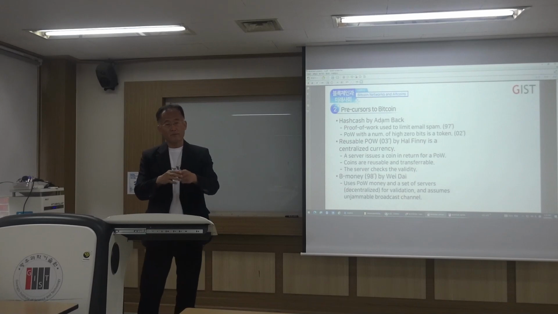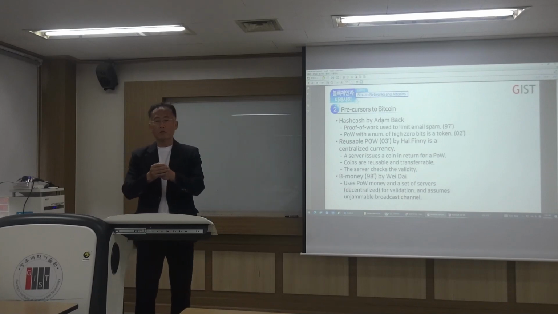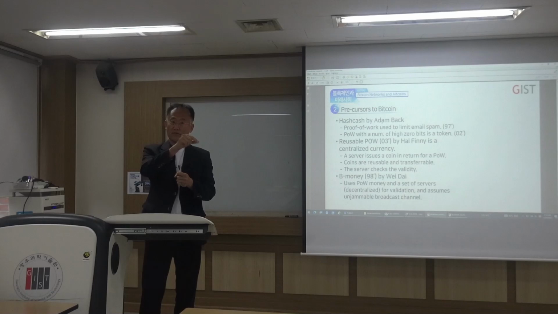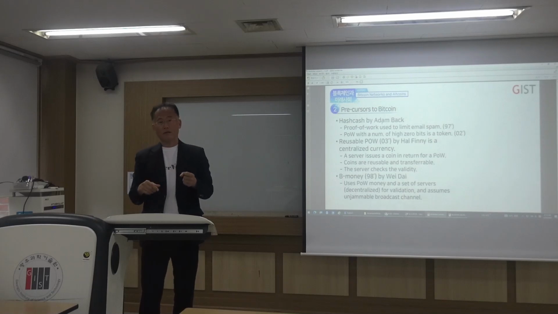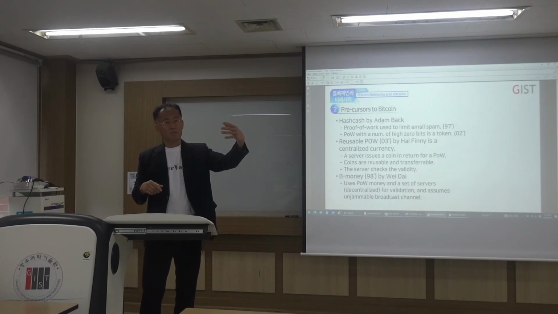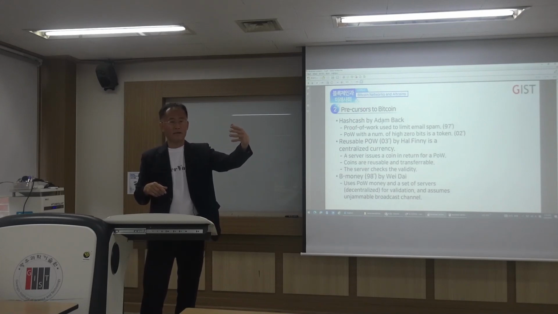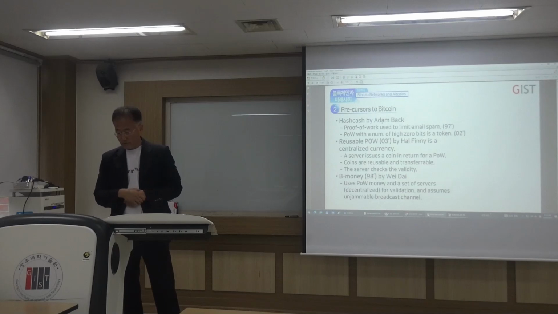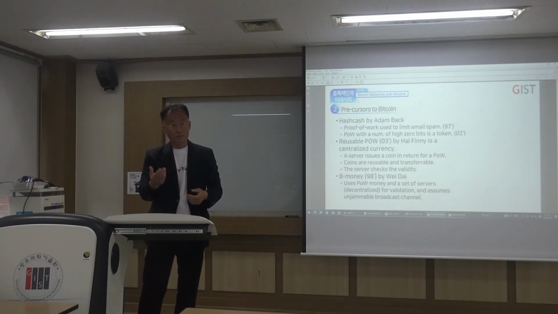So basically, if this email spammer wants to send out the email to each and every one, each person has a different address, and then you can create a hash function, right? Having this different email address as an input to the SHA function, then you get a different hash output, right?